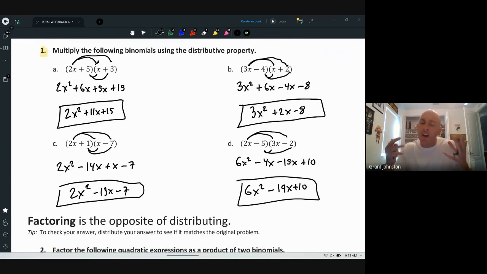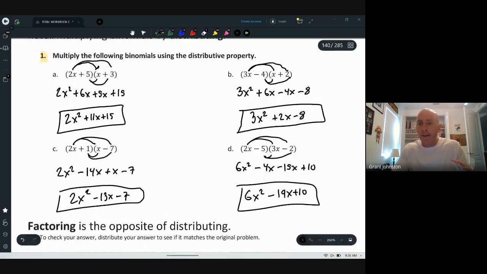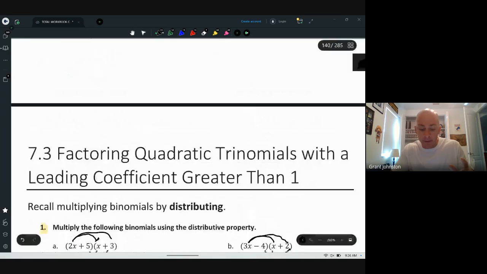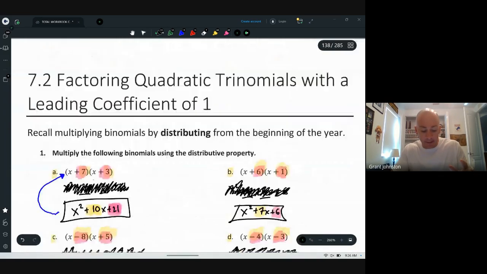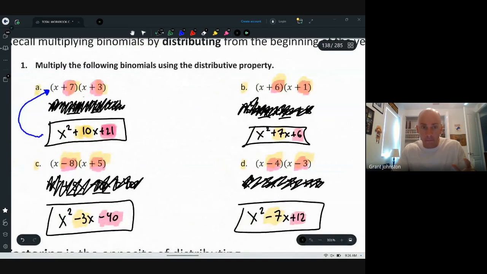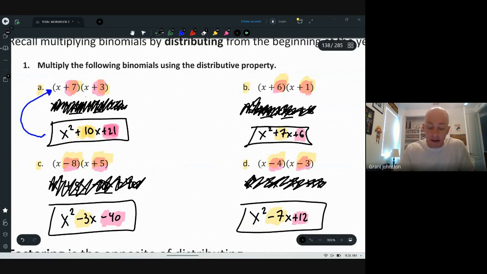So now I'm going to look at this and see if there's a similar pattern to the way that we did it in the previous lesson when the leading coefficient was just 1. Let me scroll back to the last lesson. Back in this last lesson, what we saw was that this final number, which I'm going to circle in green, was the product of the 7 and 3 up here.